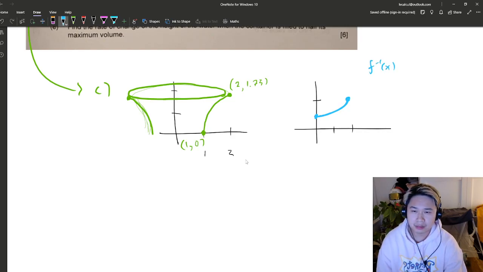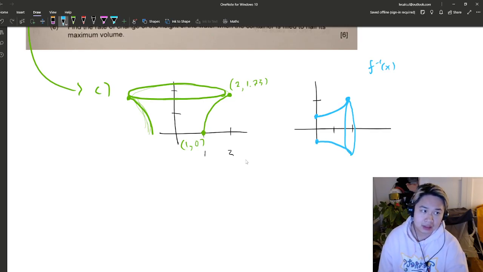And if we're just talking about the volume of a solid, this volume, which is a rotation about the x-axis, because we're using the inverse, is going to have the same volume as this.